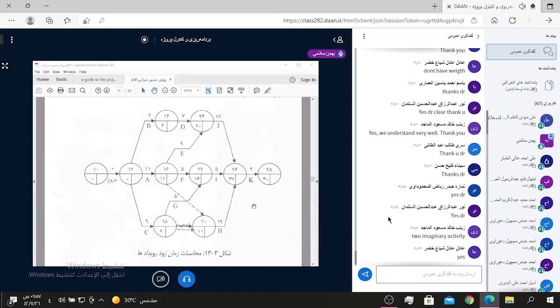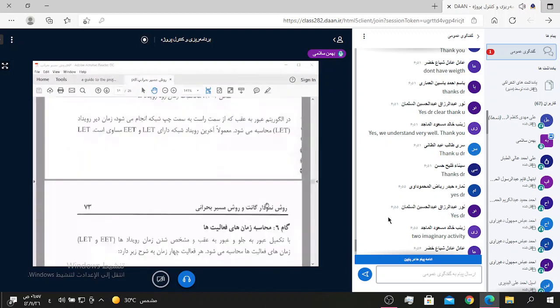For analyzing this network, we need 4 factors. In step 1, we should identify and speak about 4 factors.